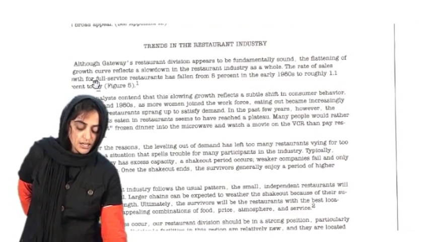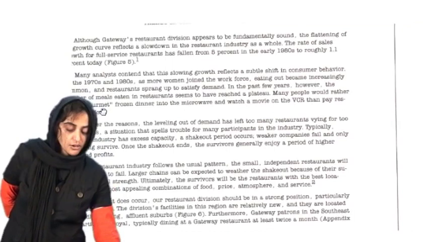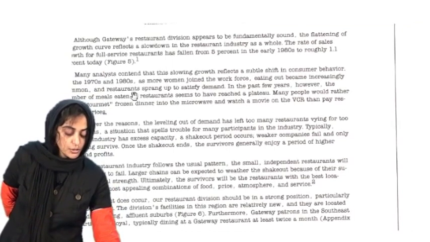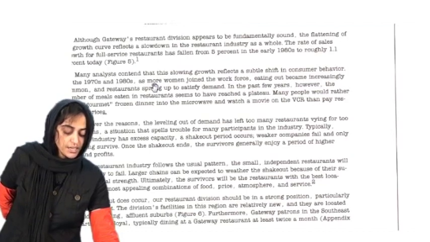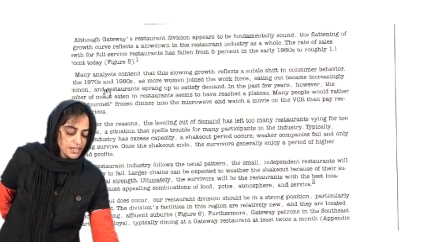The rate of sales growth for full-service restaurants has fallen from 5% in the early 1980s to roughly 1.5% today. Many analysts contend that this slowing growth reflects a subtle shift in consumer behavior in the 1970s and 1980s as more women joined the workforce.